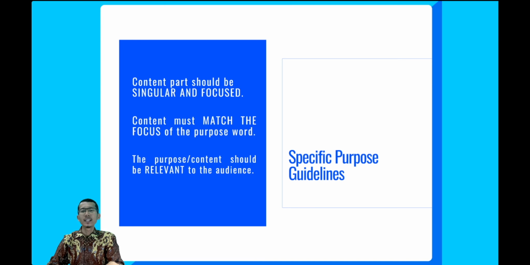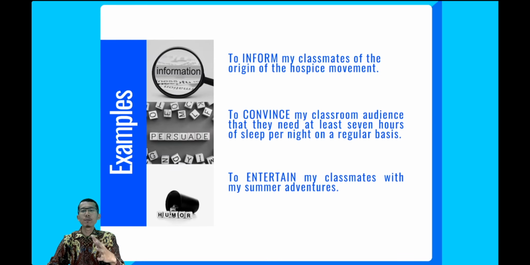Alright, next, here are a few examples of specific purpose statements to get you started. Take note of how they adhere to the standards of being singular, focused, relevant, and consistent.